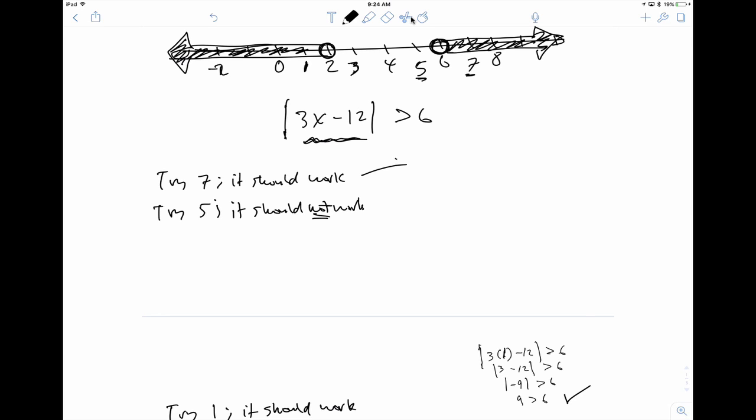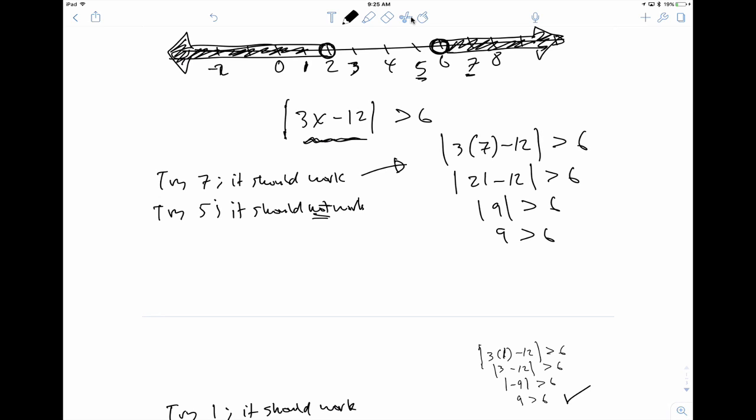All right, 7. The absolute value of 3 times 7 minus 12 should be greater than 6. The absolute value of 21 minus 12 should be greater than 6. The absolute value of 9 should be greater than 6. 9 is greater than 6.